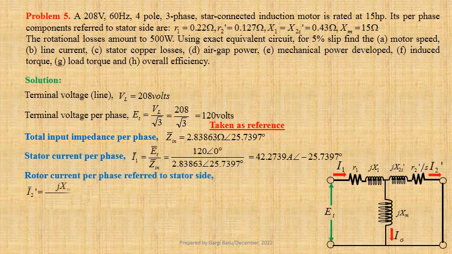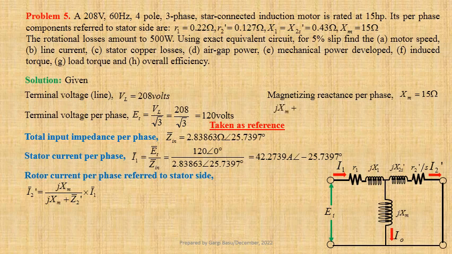Now we shall calculate rotor current per phase referred to the stator. I2 dash equals jXM divided by jXM plus Z2 dash into I1. Given magnetizing reactance per phase XM equals 15 ohm. We have determined jXM plus Z2 dash equals 15.6377 ohm at an angle 80.652 degree.